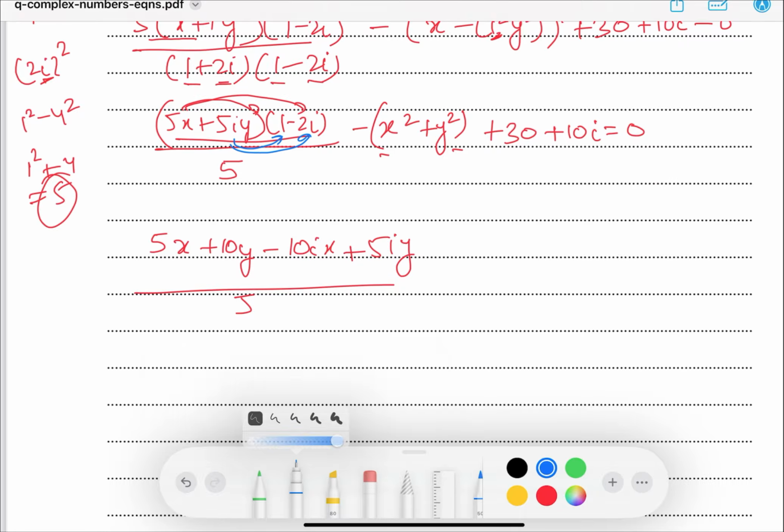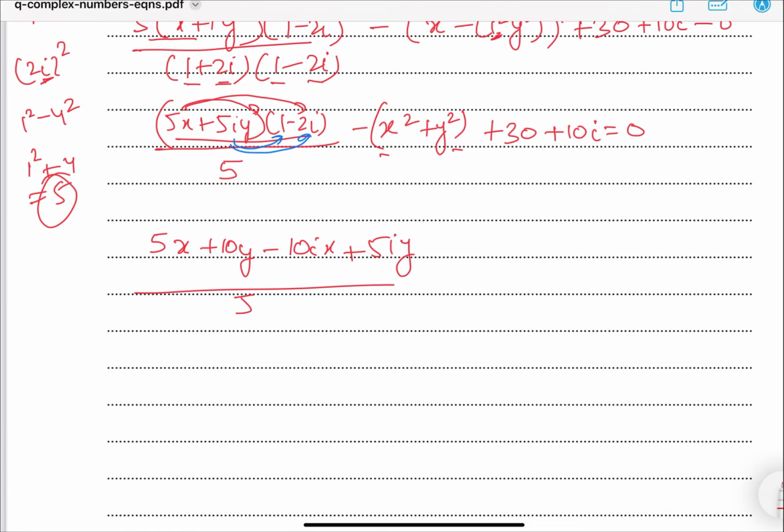This is how we expand the brackets. Agreed or disagreed? Agreed, sir. And if you open the bracket, the sign changes because minus is outside. So it would be negative x square, negative y square. Negative 1 is getting multiplied by both, right? Plus 30 plus 10i equals 0.